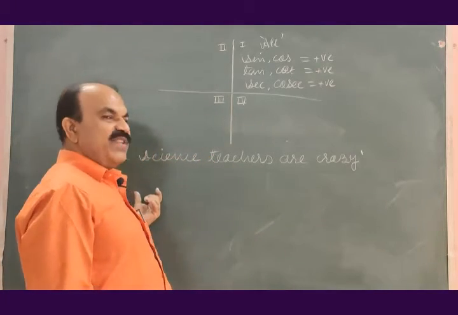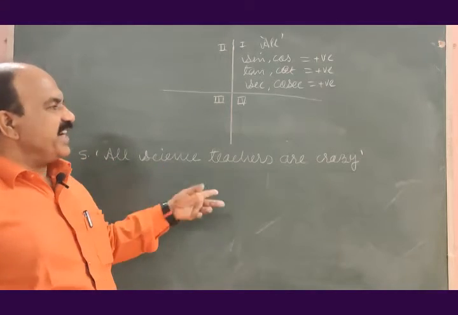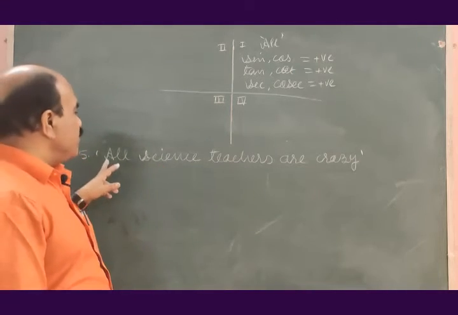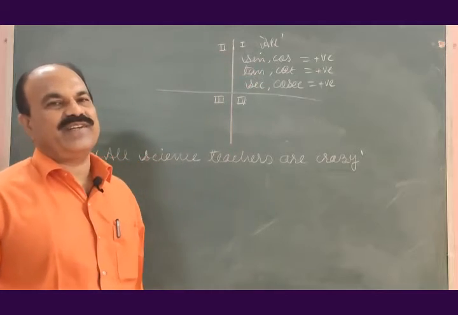So "all" from the sentence, all science teachers are crazy, is used in the first quadrant.